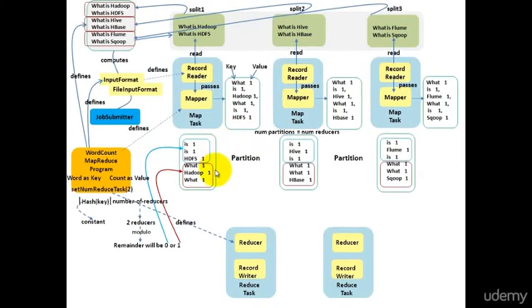By this process, same keys will always end up in the same partition. It also means that all the values of a particular key will always end up in the same partition. In our example, the output key what is in the second partition of all the map tasks.